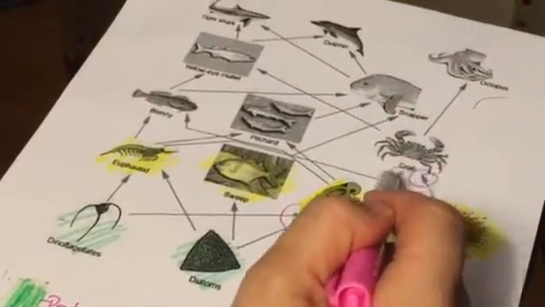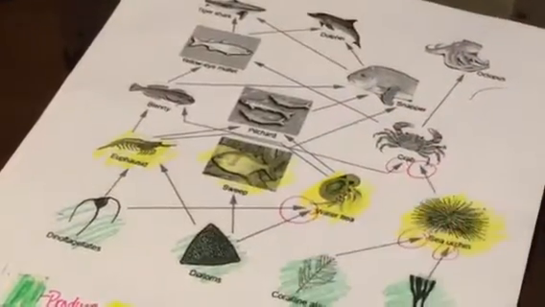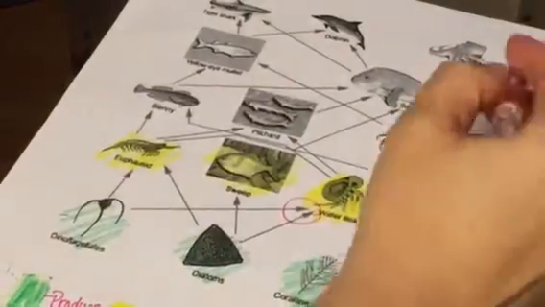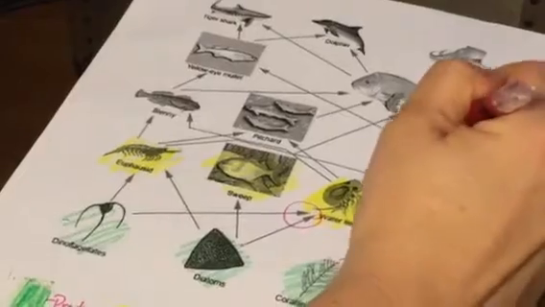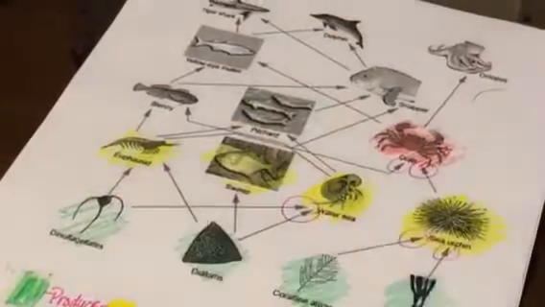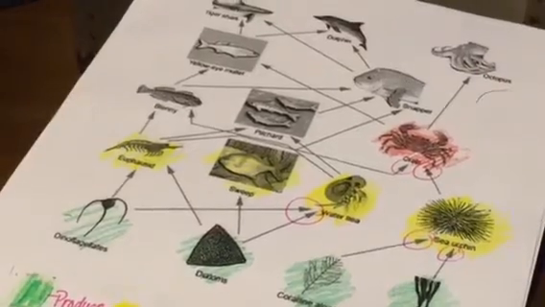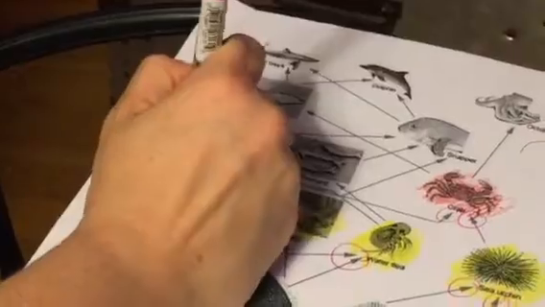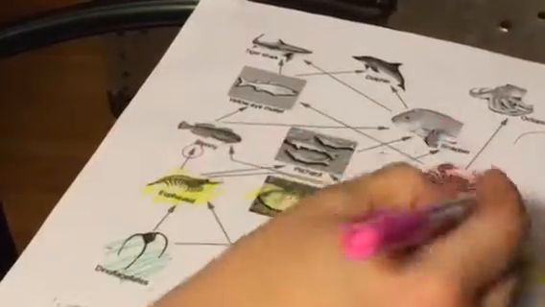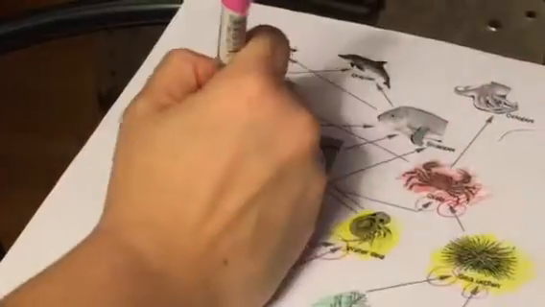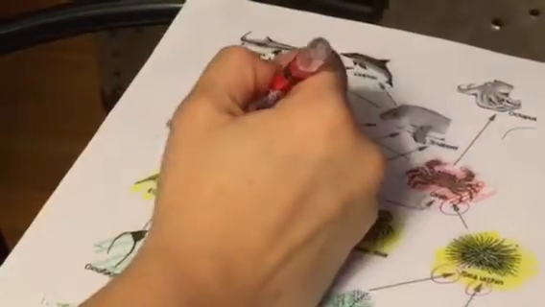Both of these are consumers, making this organism a carnivore, so you would just color over that. If you go to the blenny, it eats the euphausid, which is a consumer. It also eats crabs, even though it gets eaten by crabs. Again, that one is a carnivore.